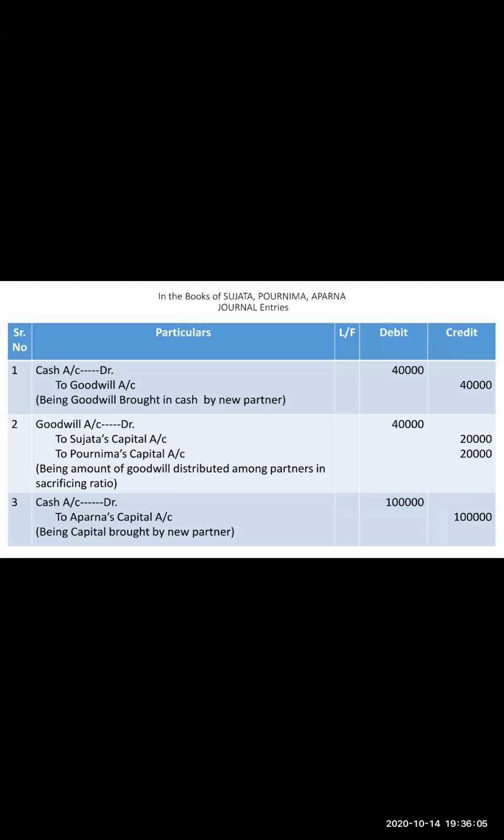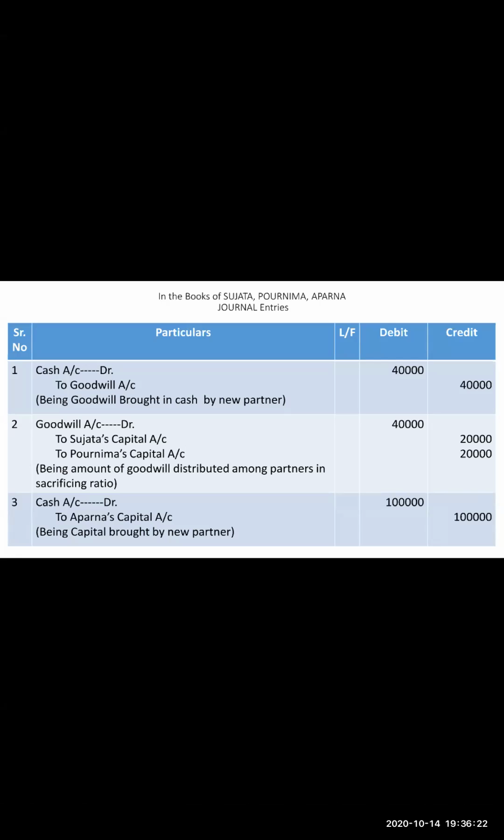And whenever goodwill is retained in the business, then 2 entries have to be passed. First, cash account debit to goodwill account, and second, goodwill account debit to old partners' capital account. So who are our old partners here? Sujata and Purnima, right?